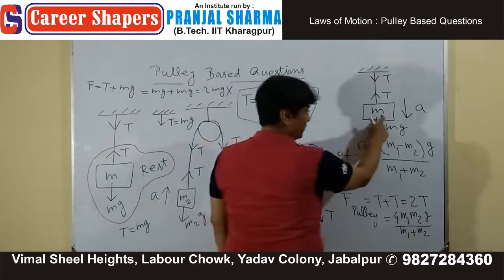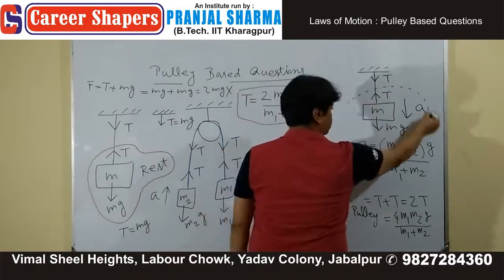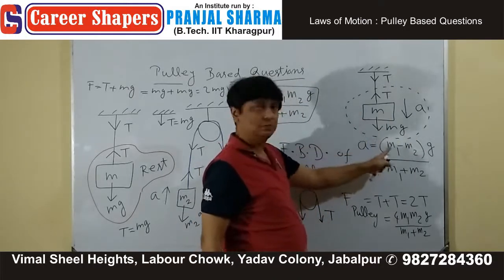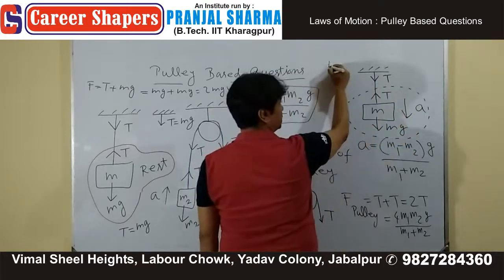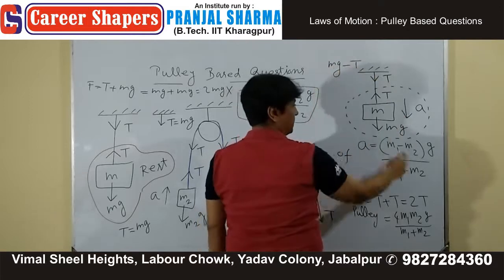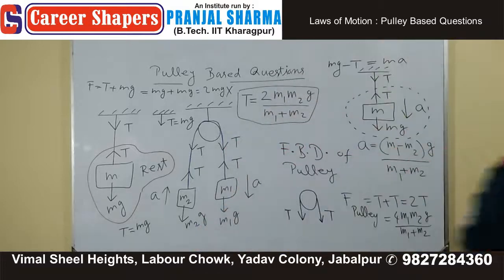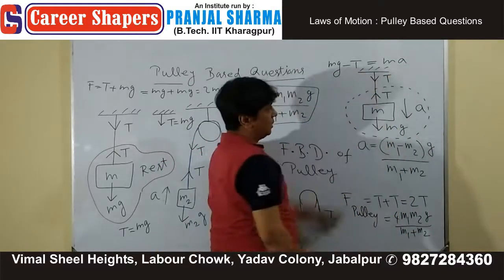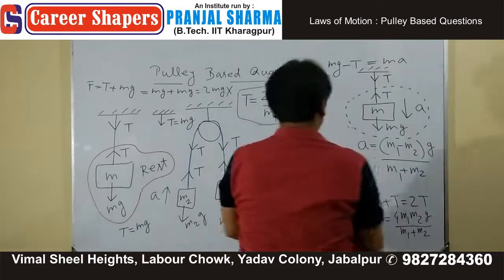Let's write down the equation for m. This m, its free body diagram is this much. M is coming down with an acceleration of a, and therefore the equation is this: mg minus T is equal to m into a. What's the value of T? Look carefully.